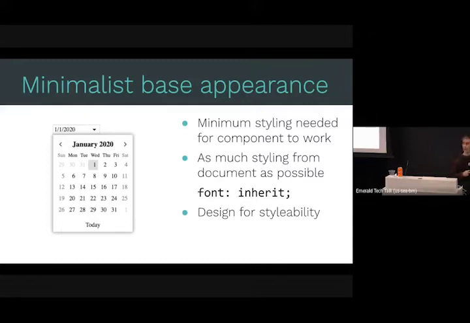If I'm building a combo box and there's going to be a pop-up and also an input element, the fact that the pop-up is left aligned with the input element in a left to right language, that styling is part of what makes this recognizable as a combo box. If that pop-up were somewhere else, it wouldn't be that pattern, it would be something else. So that alignment and that juxtaposition, the fact that the pop-up touches the bottom of the input, that's part of what makes this pattern. So that styling belongs in the component. Everything else, we try and defer to the person who's going to use this component.